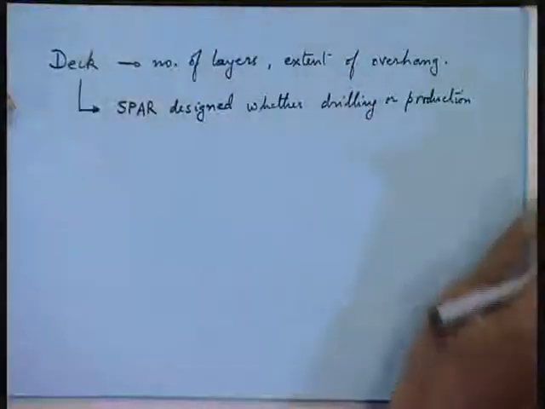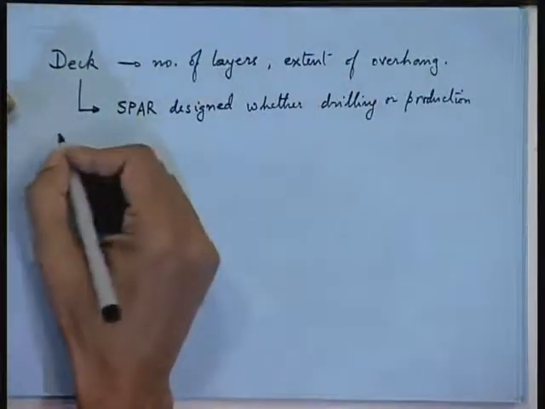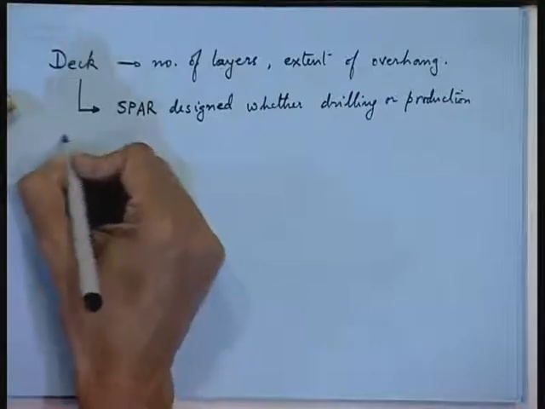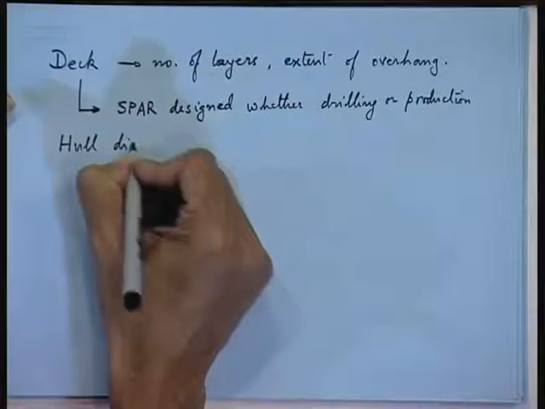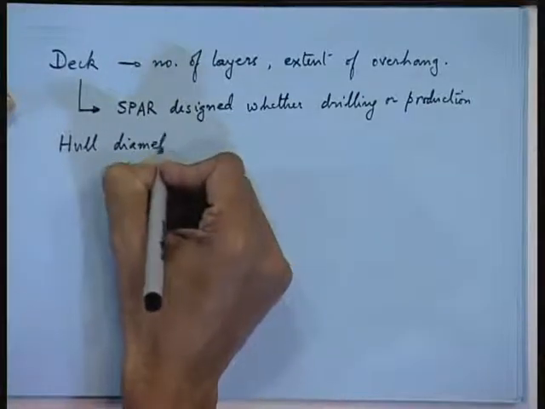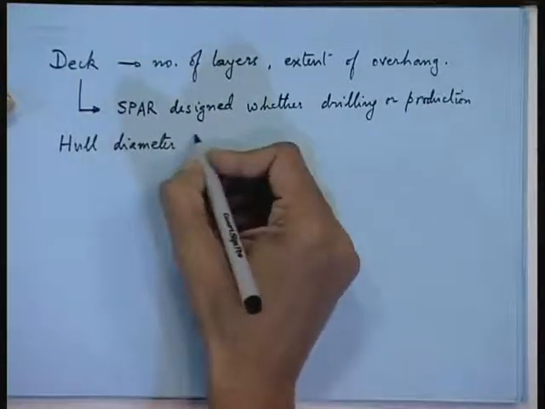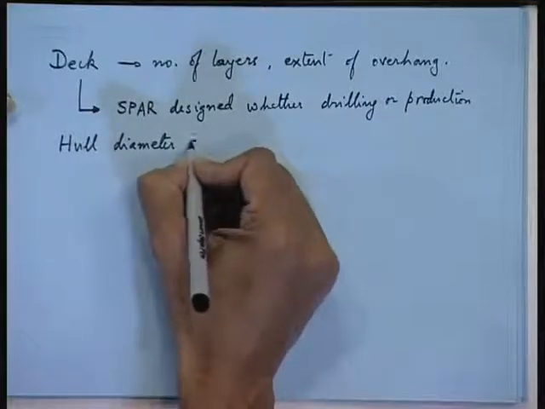That is not a very easy job. That comes from a lot of experience and skill. Based on that, now you decide the diameter. The next thing is you have to decide on the hull diameter. The hull diameter and length, these you have to find out.